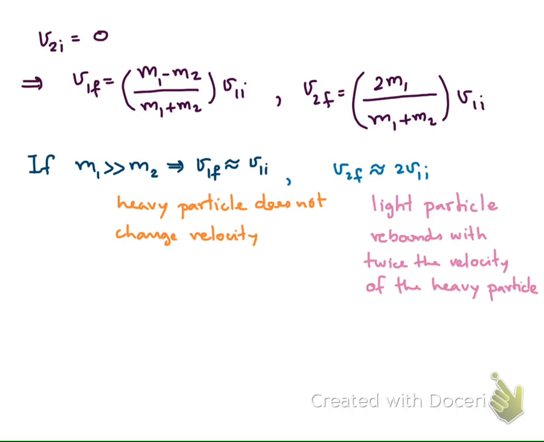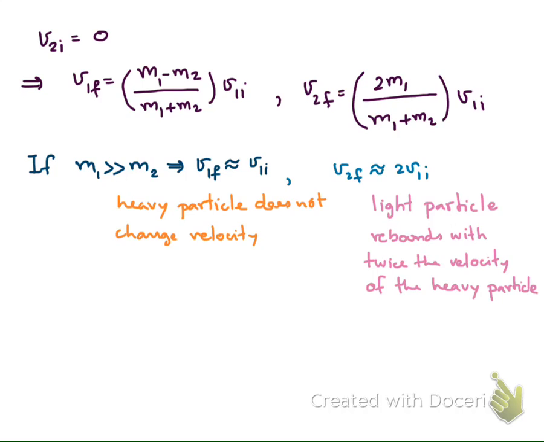Okay, the light particle rebounds with twice the velocity of the heavy particle. So this is the case when the heavy particle moves and collides with the light particle that is initially at rest. The heavy particle hardly changes its velocity, while the light particle rebounds with twice the velocity of the heavy particle.